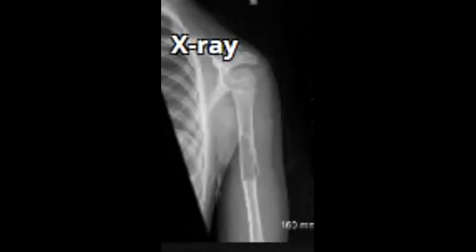Yes, very easy. Unicameral bone cyst, a simple bone cyst with a bone fragment. Okay.